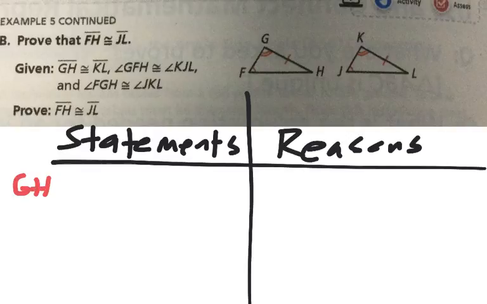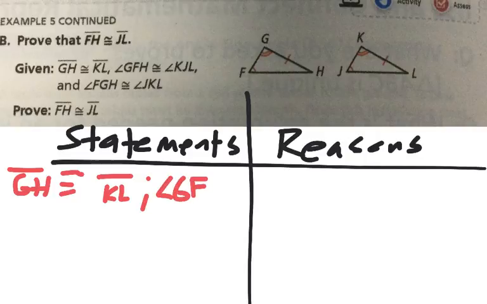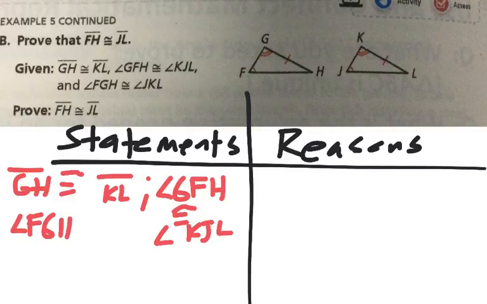So they tell me GH is congruent to KL. They tell me angle GFH is congruent to angle KJL. And they tell me angle FGH is congruent to angle JKL.